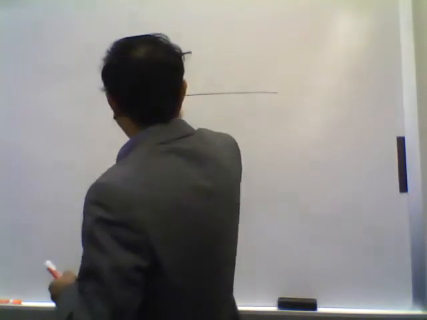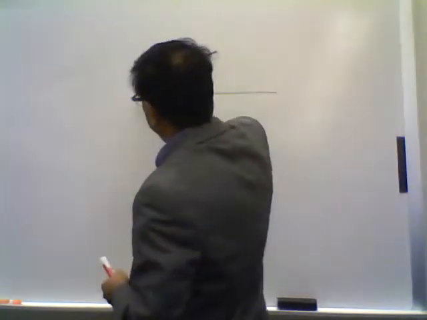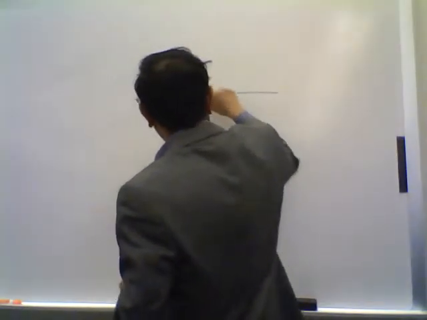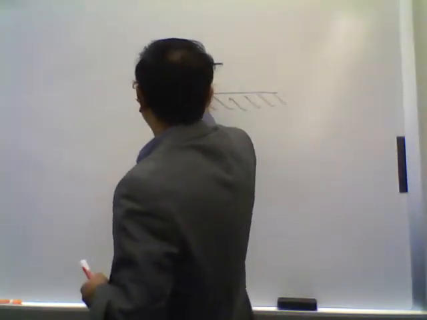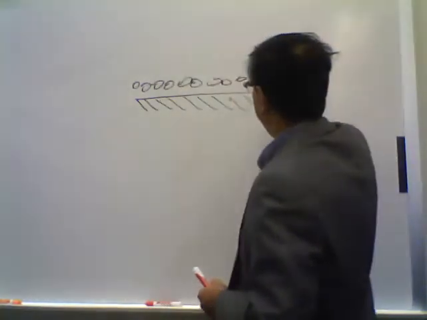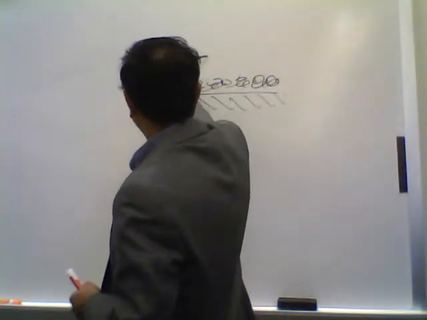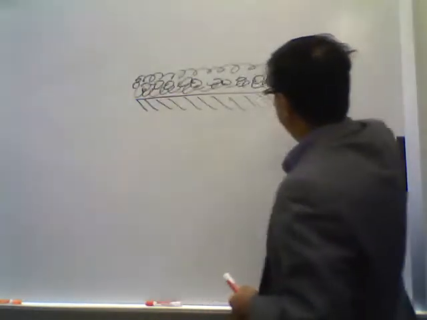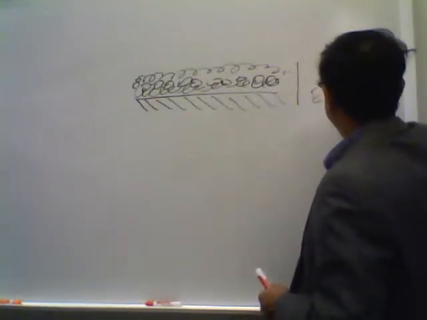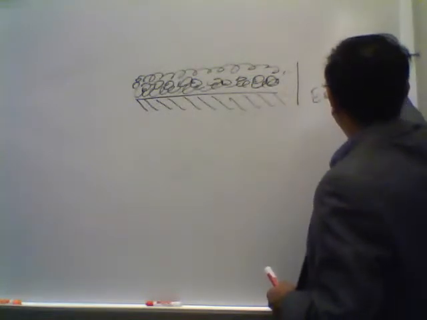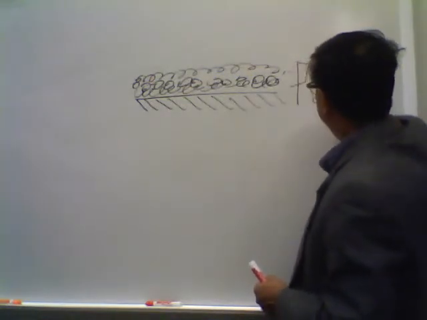if you see the endometrium, it has two layers. The functional layer and the basilar layer. So the whole thing is the endometrium, and the inner layer is the functional layer.